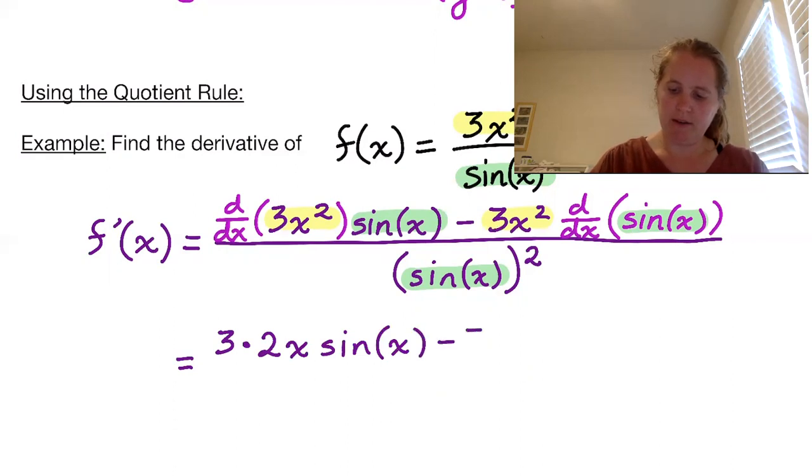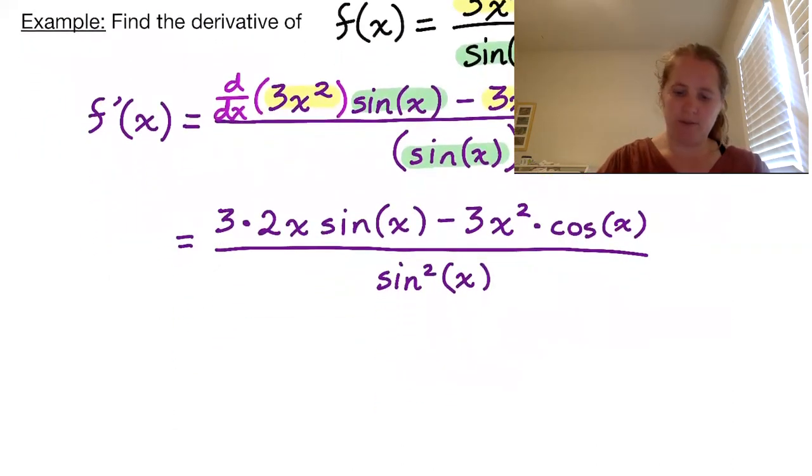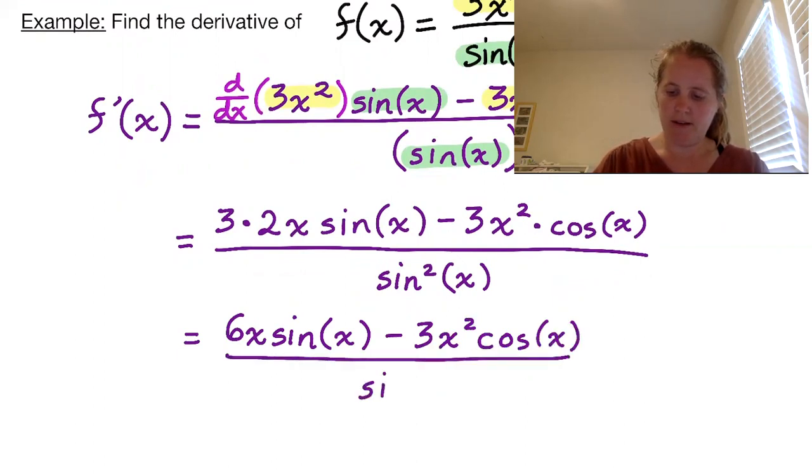Then we would subtract off 3x squared times the derivative of sine of x, which is cosine of x. And then we divide that entire thing by sine squared of x. Doing one last stage of simplification, this becomes 6x times sine of x minus 3x squared cosine x, all divided by sine squared of x.